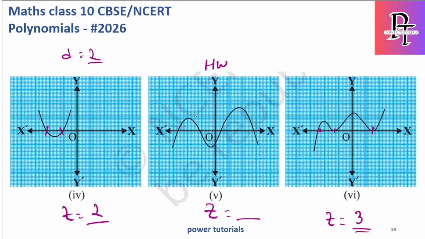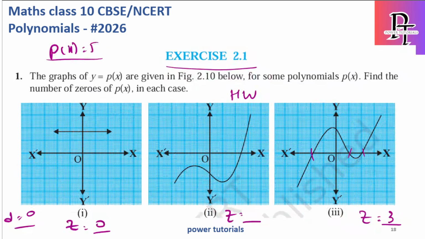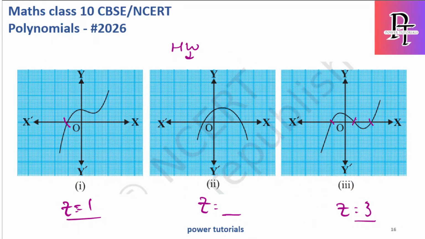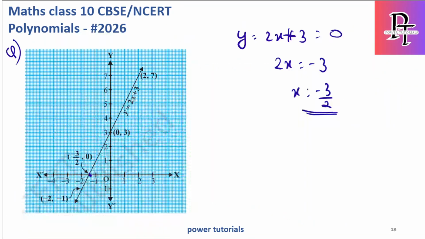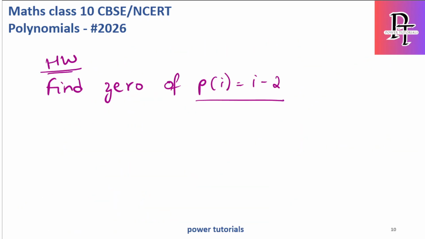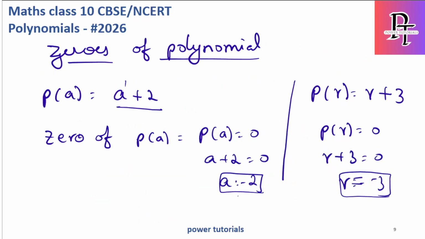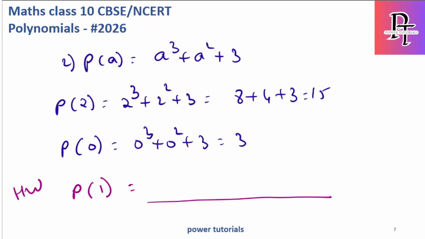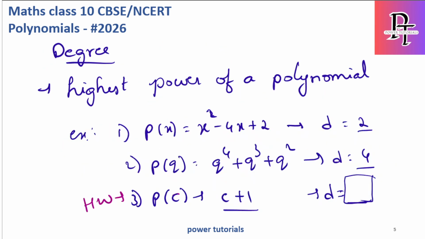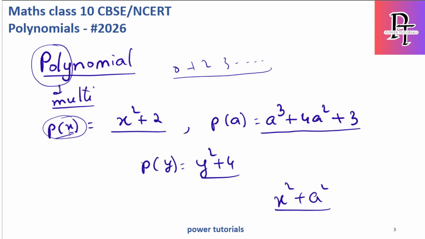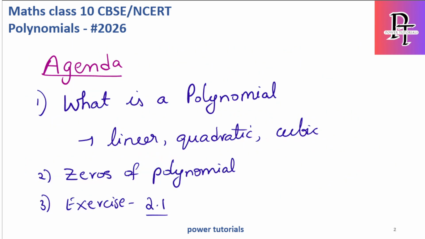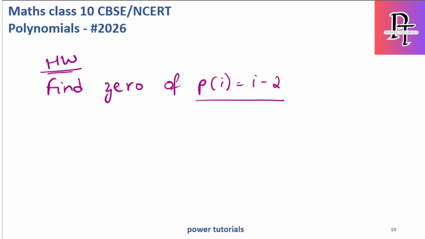Okay, so in total we have 1, 2, 3, 4, 5, 6, 7. So there are 7 homework questions in total, and all are very easy.